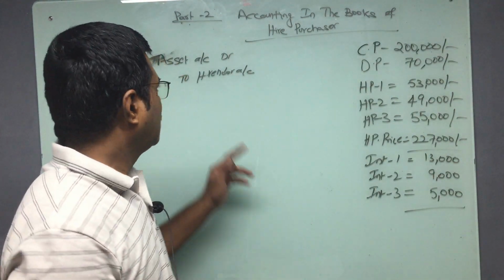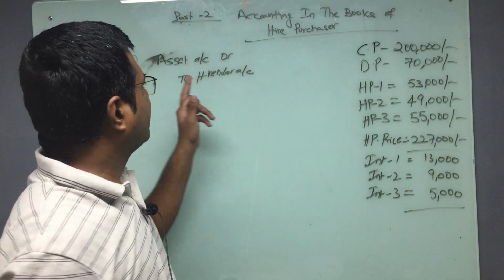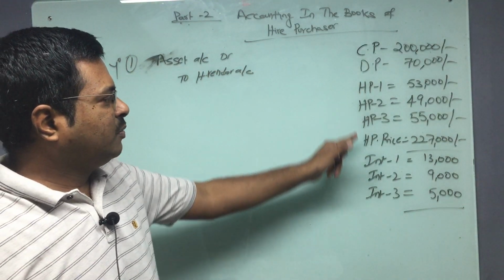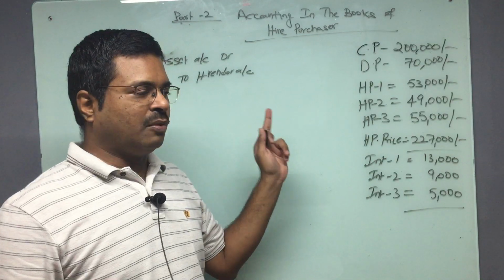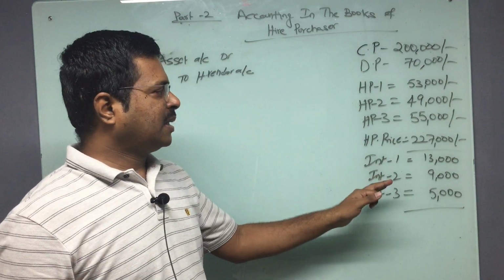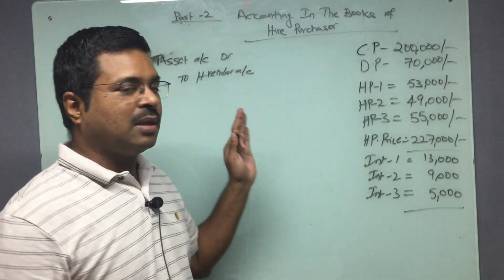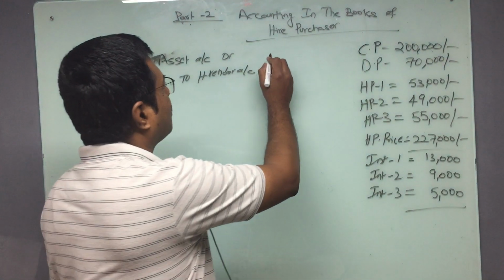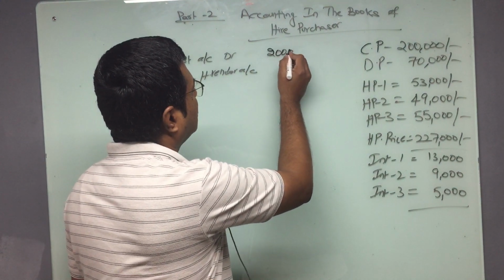What value do we take here? It should always be cash price. There is no other element like interest that can be added to the asset. It has to be on cash price, 2 lakhs.